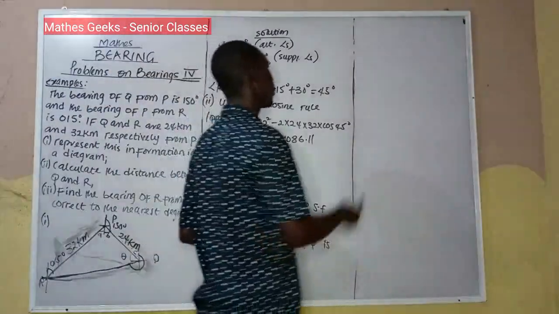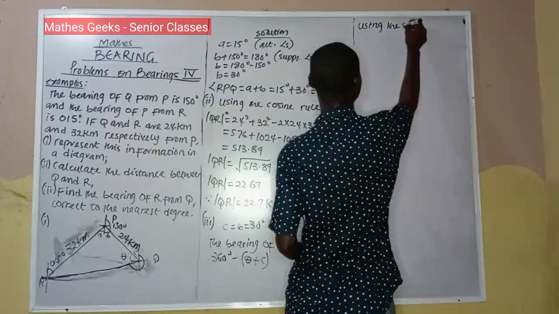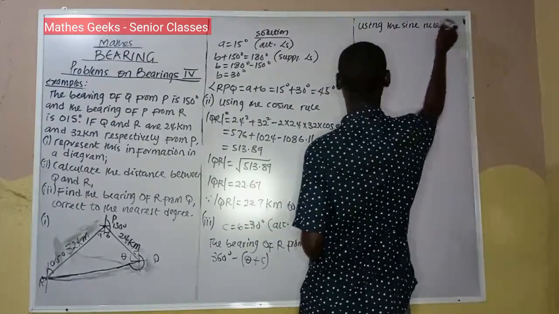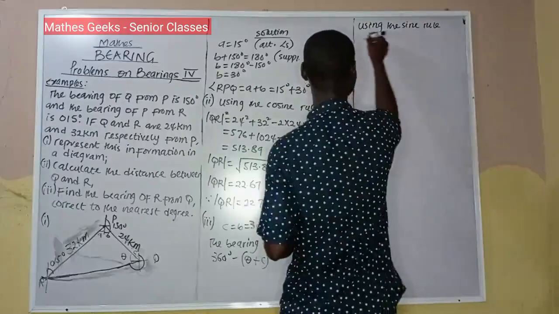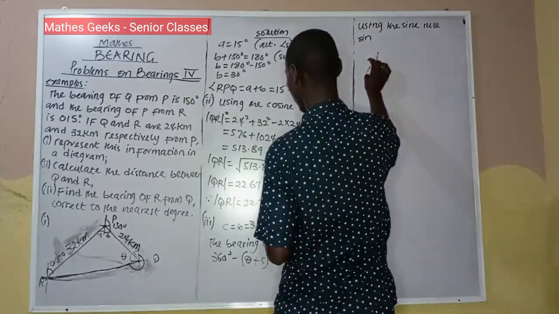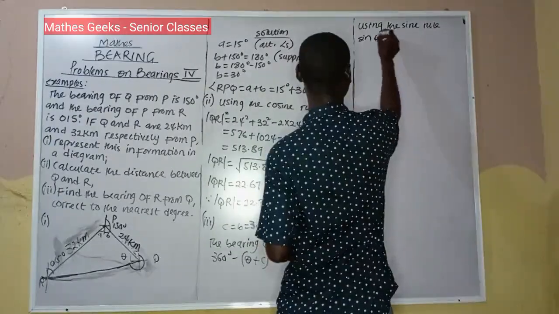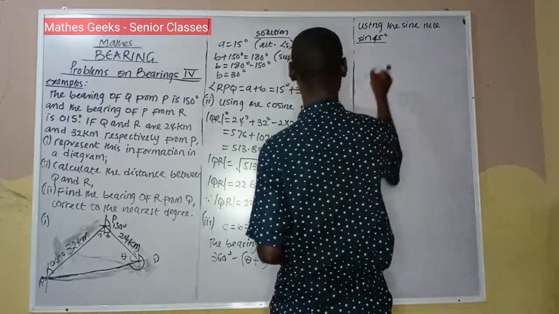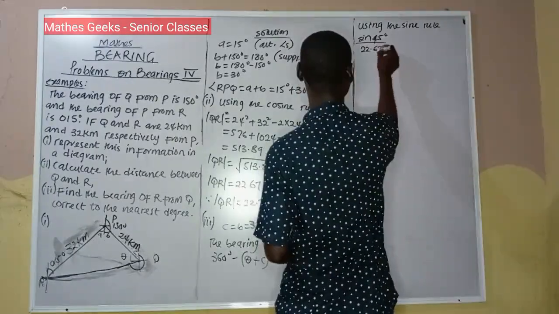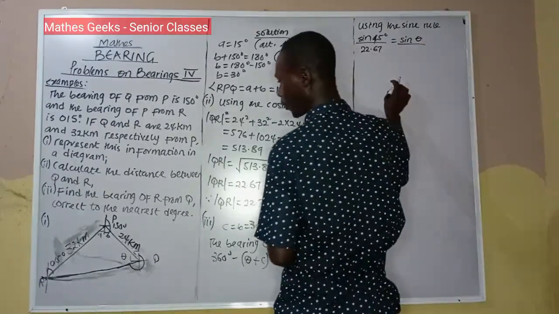So using the sine rule, this is sine 45 degrees over the distance 22.67 equals sine theta over 32.